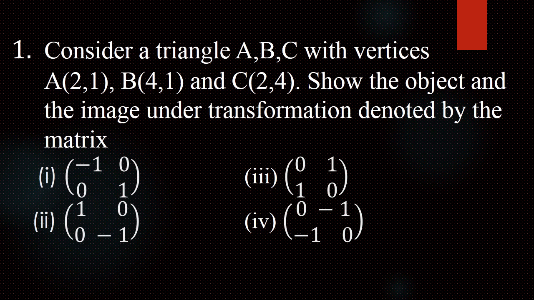Show the object and the image and the transformation denoted by the matrix 1: -1, 0, 0, 1, then 2: 1, 0, 0, -1, 3: we have 0, 1, 1, 0, 4: we have 0, -1, -1, 0.